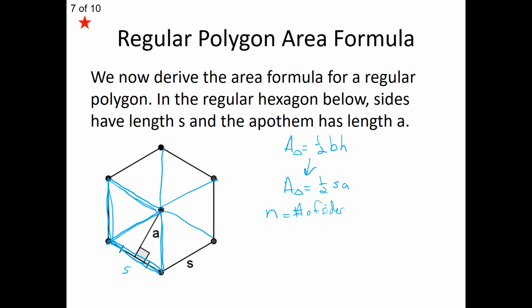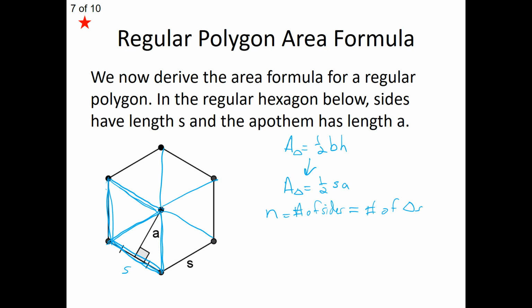So a 5-sided shape had 5 triangles. This 6-sided shape had 6 triangles. What about a 10-sided shape? You're right, it's going to have 10 triangles. So not only does n represent the number of sides, but n also represents the number of triangles that we can decompose our regular polygon into.